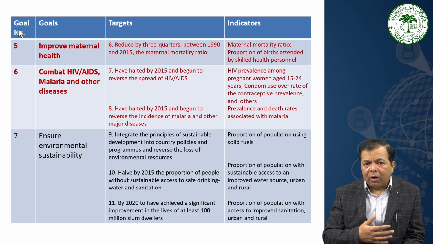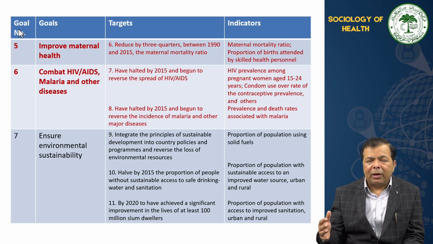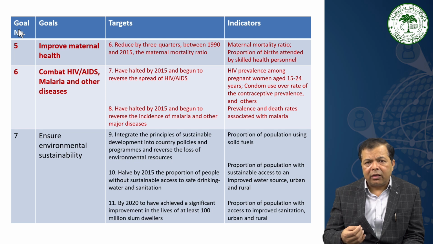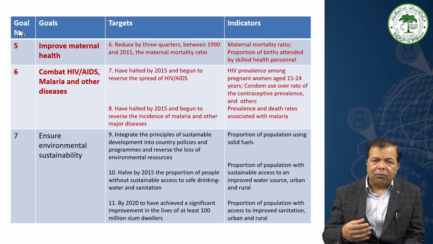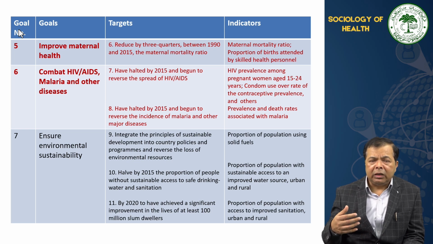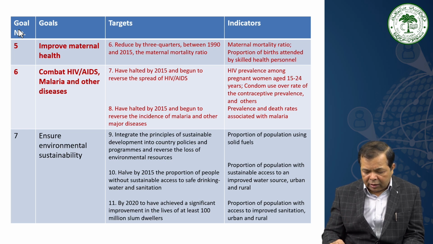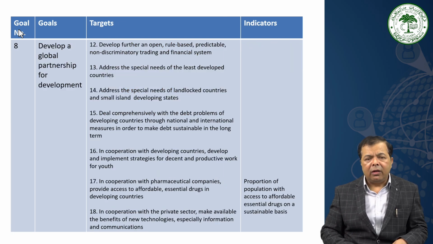The rapid expansion of urbanization and urban facilities is endangering the existence of species on planet Earth, and in some way endangering the existence of the planet itself, right? So there is a very important need to take care of environmental sustainability, and that is goal number 7.